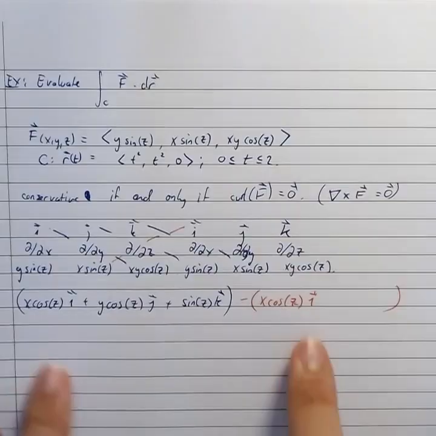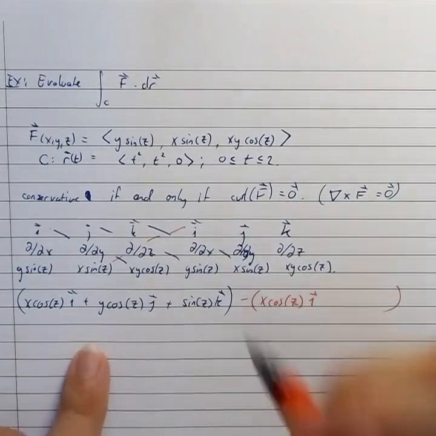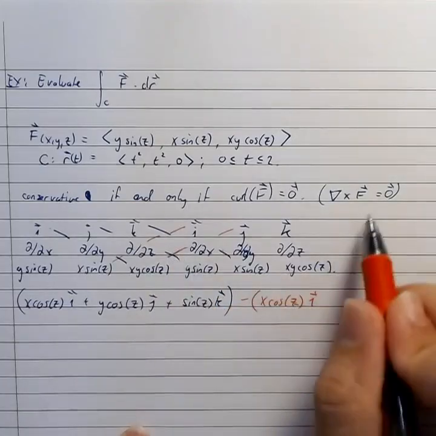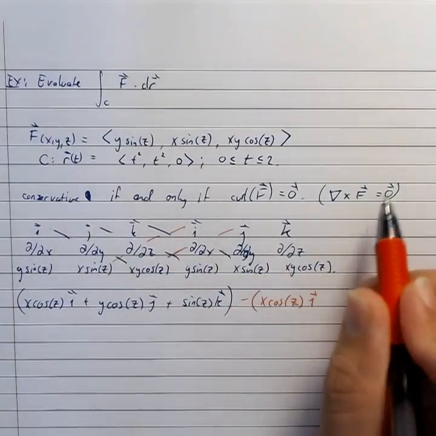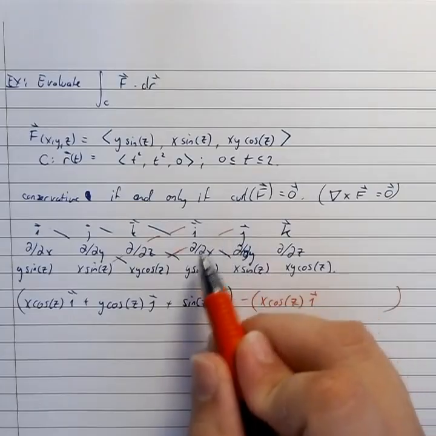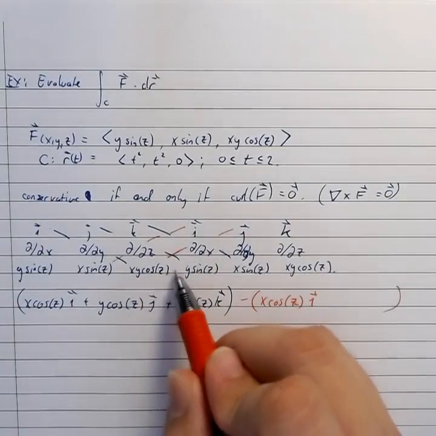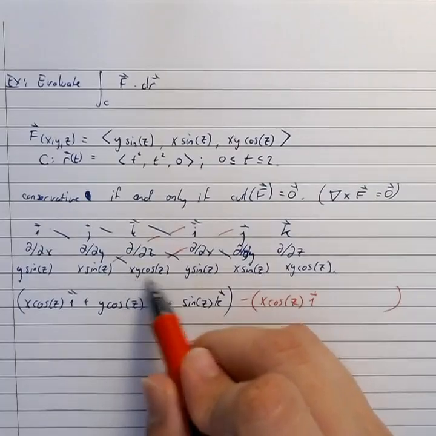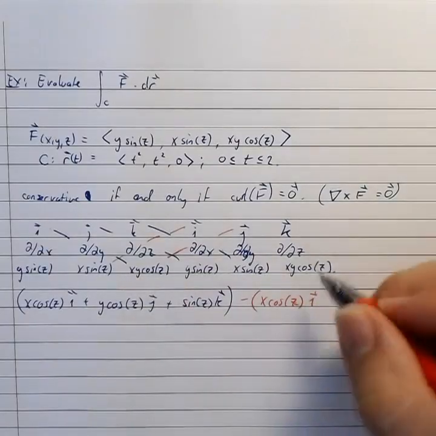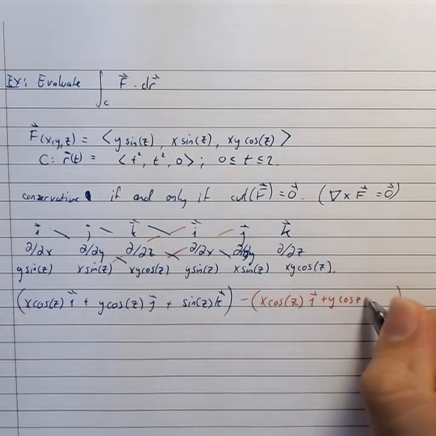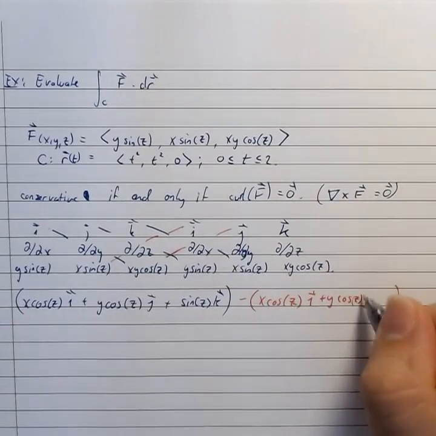So far so good. That is 0. Let's see the next one. Our curl should multiply out to be the 0 vector. Let's continue to see what happens. With respect to x, that's a constant, and the derivative of x times a constant is just the constant. So that'll be plus y cosine of z, j.